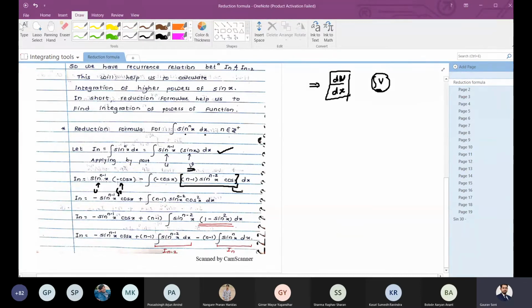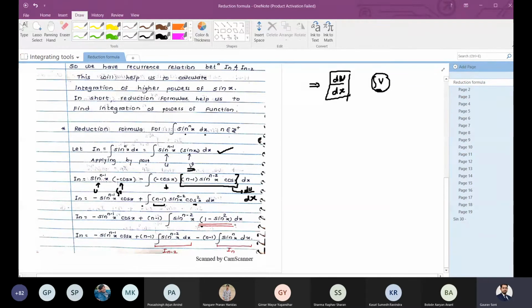So this term is du by dx and the integration of v, the total integration. Later what we have here is this term, minus sine raised to n minus 1 x cos x plus n minus 1. We multiply these two cos and we get cos square x. The minus sign makes this plus. Now cos square x I can write as 1 minus sine square x.